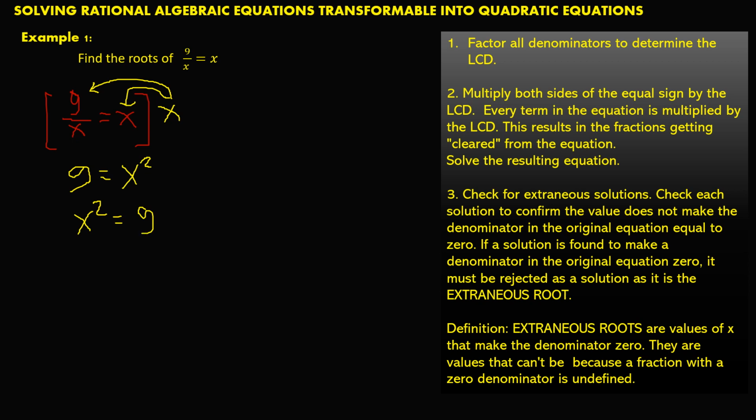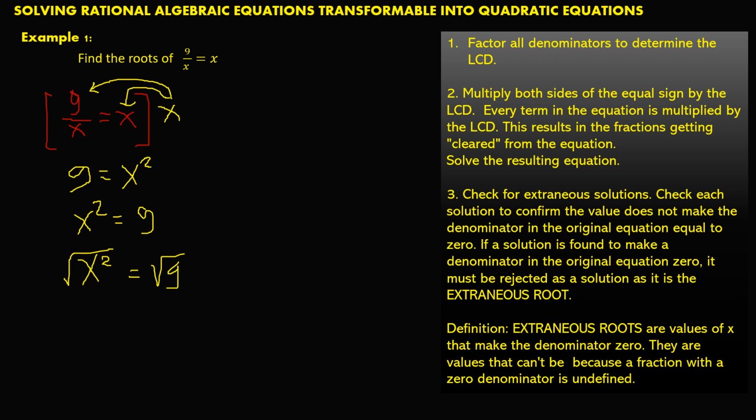The easiest way to solve this quadratic equation now, so from rational algebraic equation to quadratic equation, is by extracting the square root. So we can extract the square root of x squared, which is equal to the square root of 9.